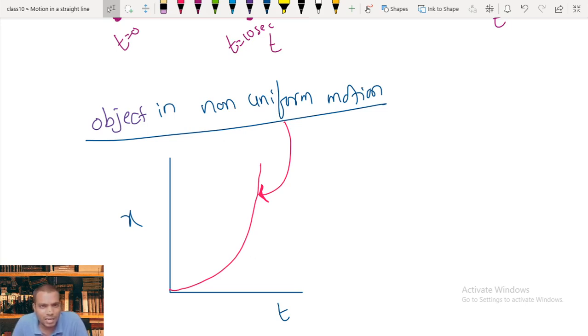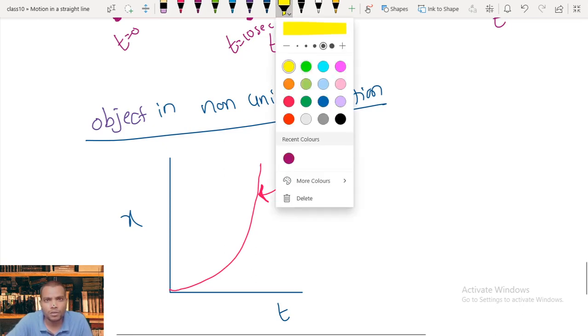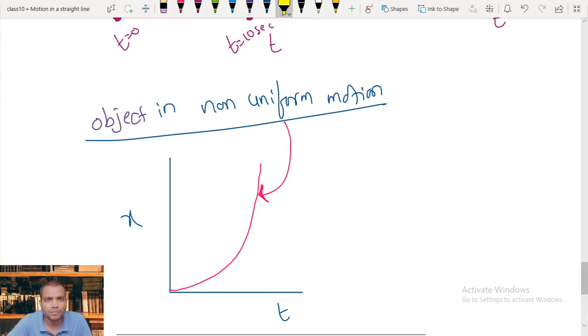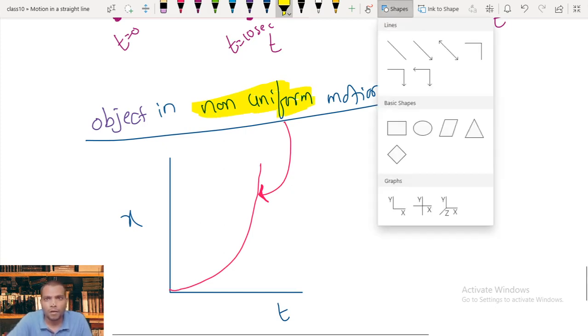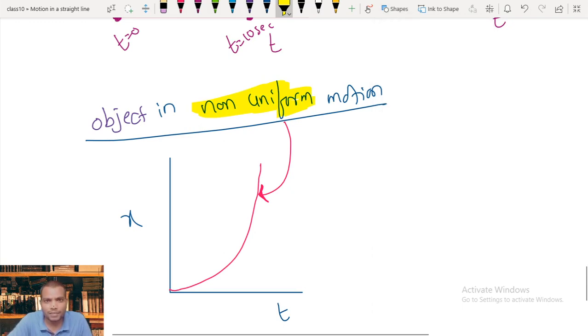So if this is the case for non-uniform motion, how can we plot the position versus time graph? Or before that, I would like to calculate what the velocity is in this case, velocity for non-uniform motion.